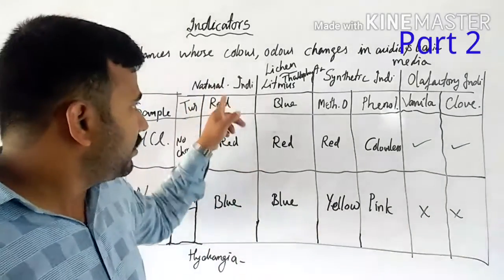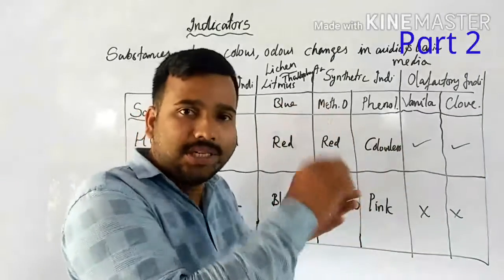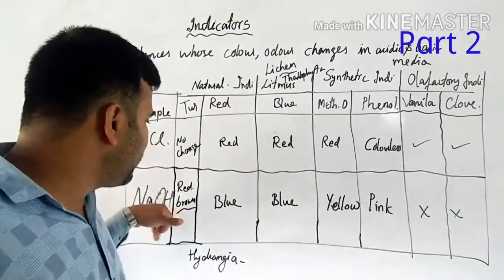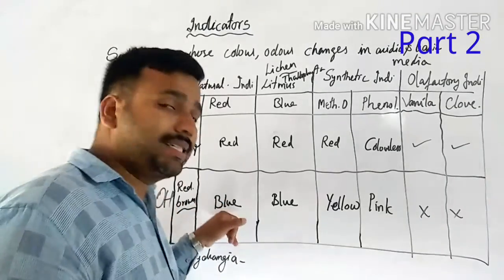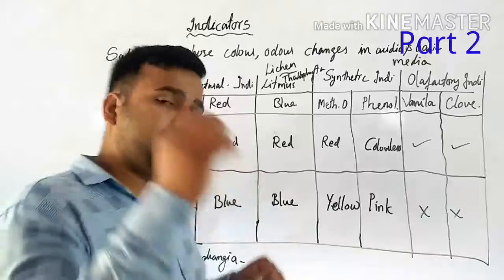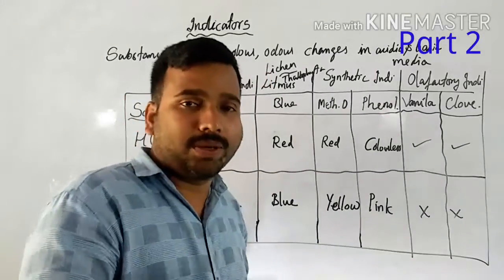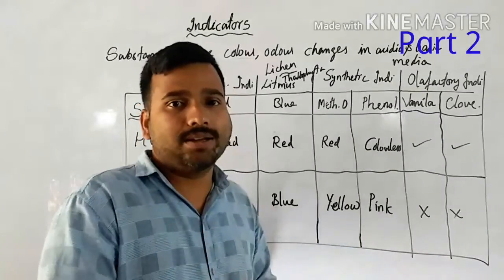Remember that if you take a red litmus paper and it comes in contact with any basic substance, say soap or sodium hydroxide solution, its color will change to blue, which means the given substance is basic in nature. What about the blue litmus paper? The blue litmus paper won't change its color and will remain as it is.